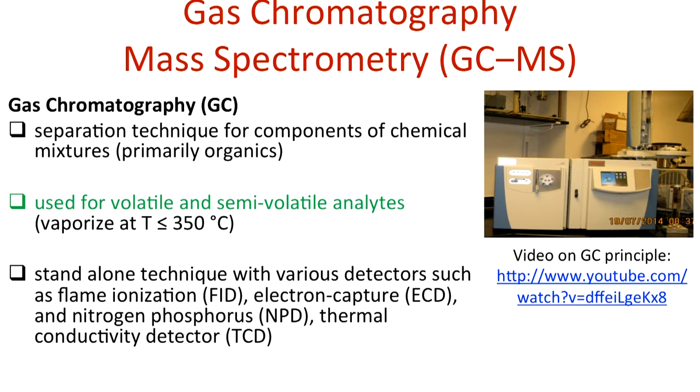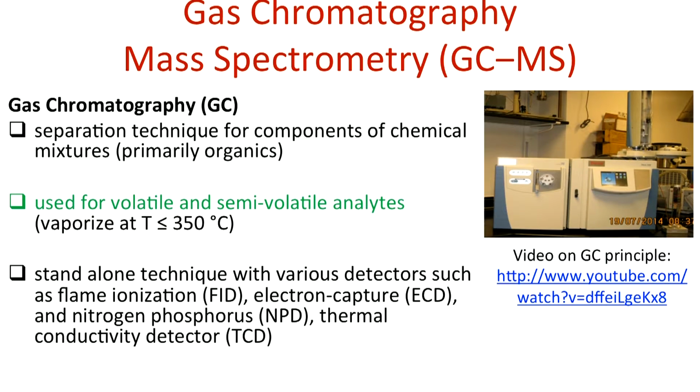When we say volatile or semi-volatile, they should be able to vaporize at temperatures less than 350 degrees Celsius, and this limitation is because of the maximum temperature that a column can go to. So typically you have columns that can go up to 360 degrees Celsius only, and you cannot exceed that temperature.